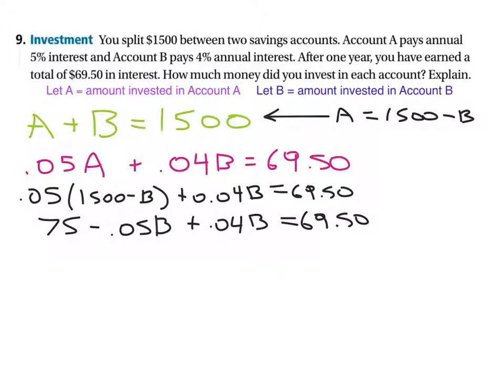Combining like terms, we get 75 minus 0.01B equals 69.50.